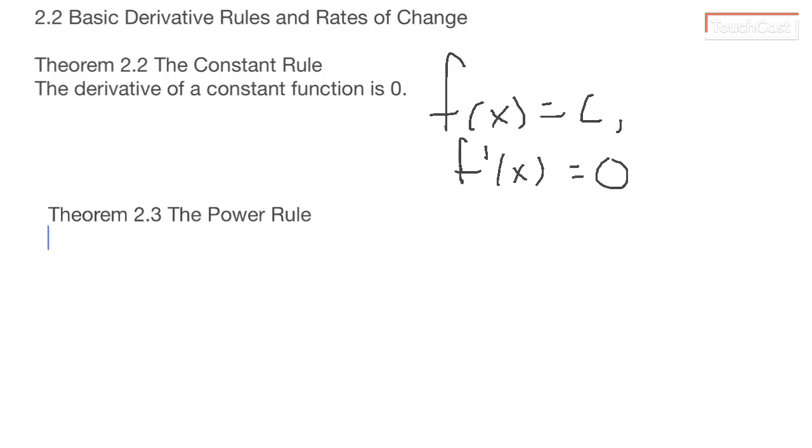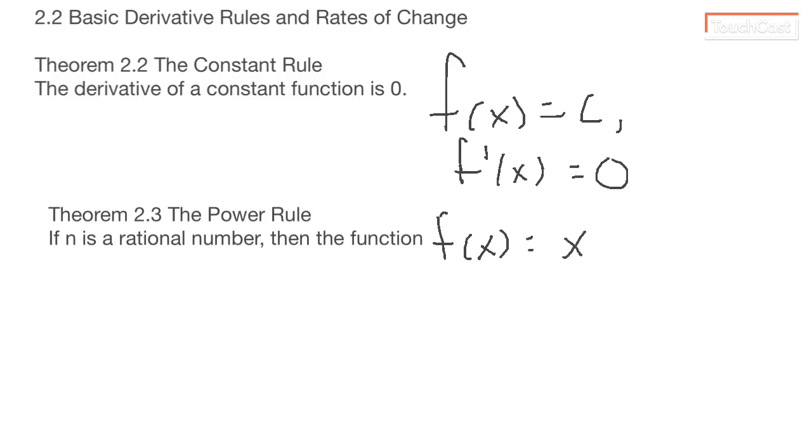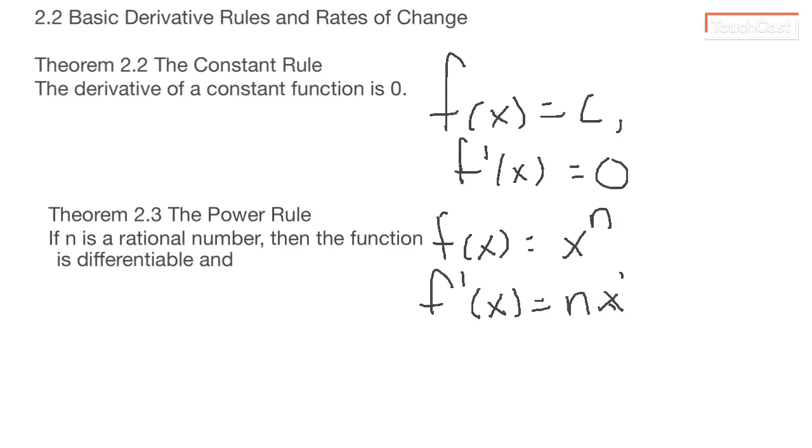And what we say for the power rule is if we let some value n represent a rational number, then the function, we're going to call the function f of x equal to x to the power of n is differentiable, and if that's the case, the derivative is going to look like f prime of x is going to equal n times x to the power of n minus 1.